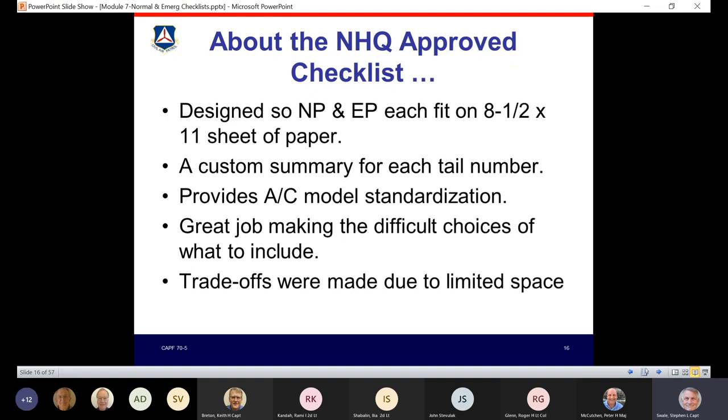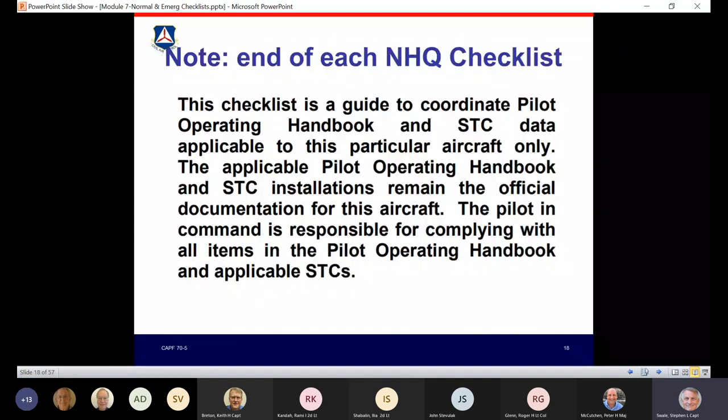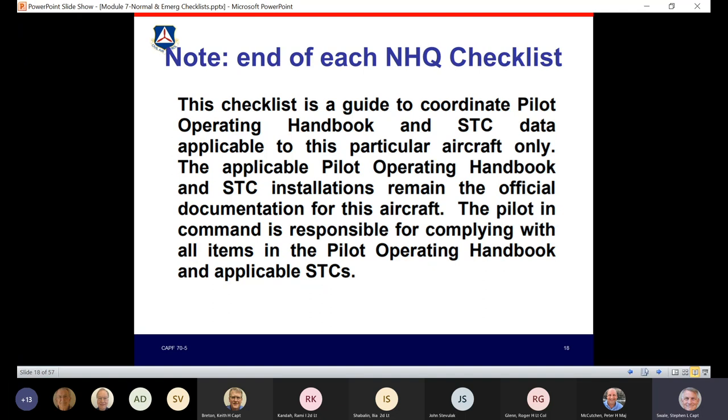So trade-offs were made, and in the lower right-hand corner of both the emergency procedure and normal procedure checklists, there's a little disclaimer. And it's interesting, if you really slow down, which I hadn't, and read this carefully, it says this checklist is really just a coordinating document. It's a guide to help coordinate between the POH and NESTC data.